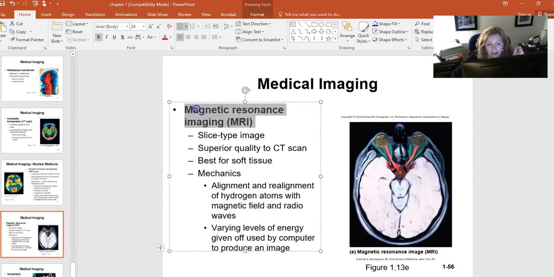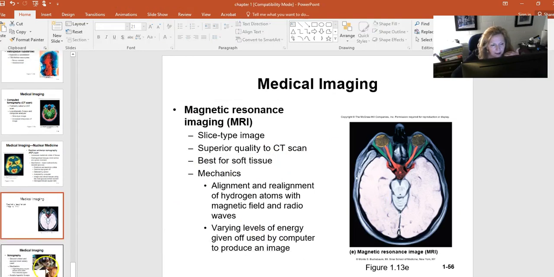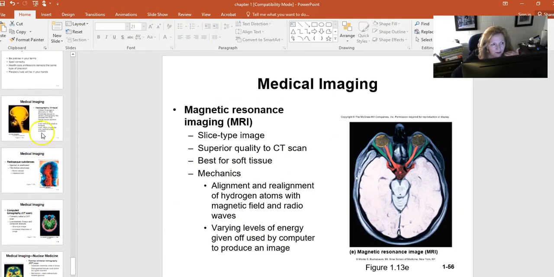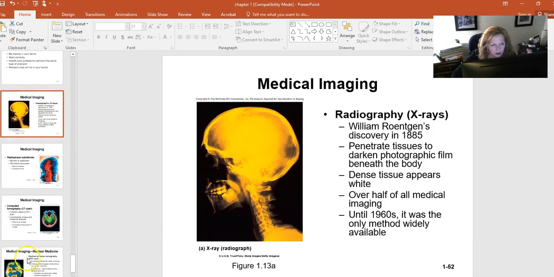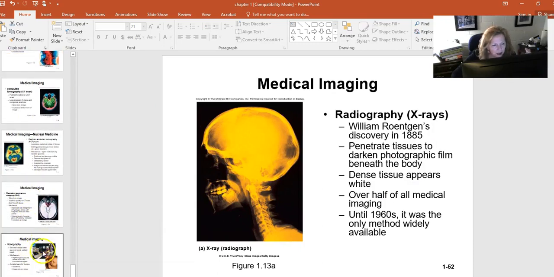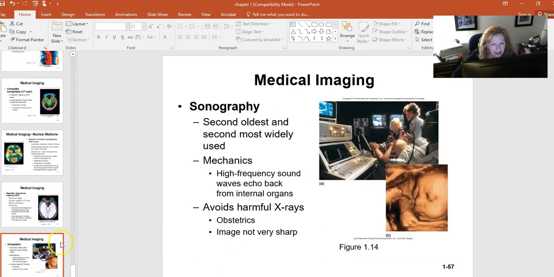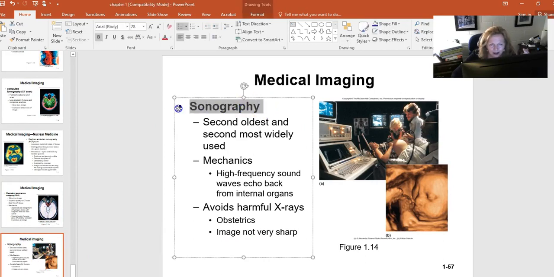Magnetic resonance imaging, MRI, I'm sure you've all heard of that as well. These are really nice. They're really great for soft tissue, again giving that 3D type of imaging, which is so much more valuable than just a flat screen. So sometimes they're actually called for as well. And then sonography or ultrasounds you've heard of.